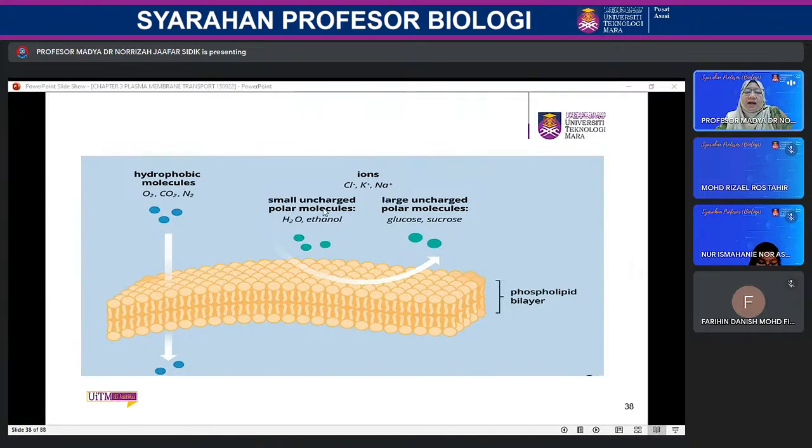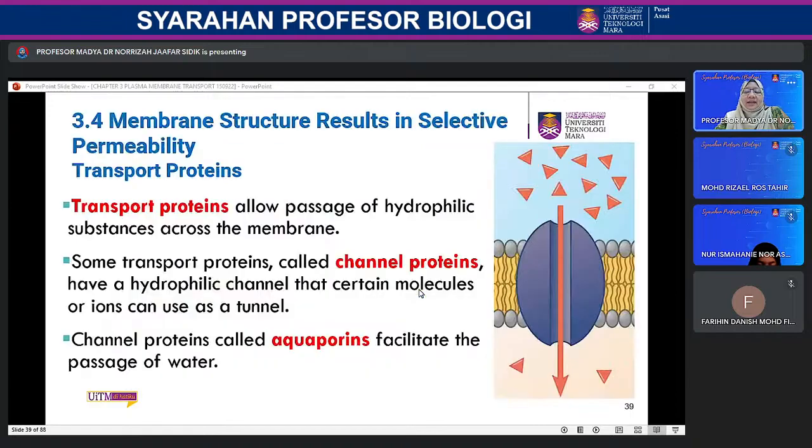as the small uncharged polar molecules like water and ethanol, some ions, chloride, potassium, and sodium, and also large uncharged polar molecules, for example glucose and sucrose, cannot cross the phospholipid bilayer.